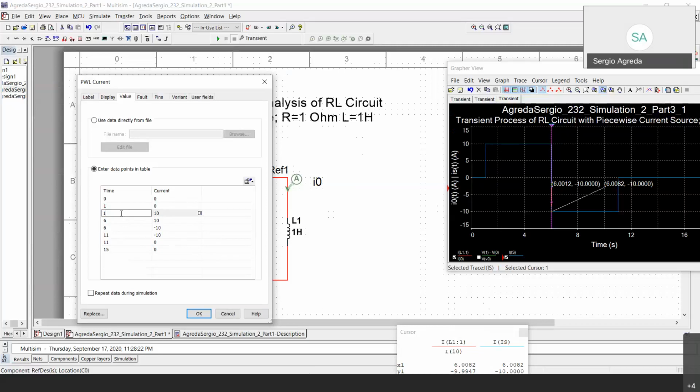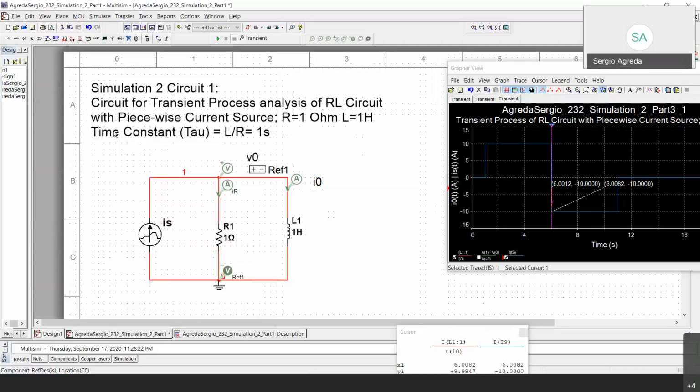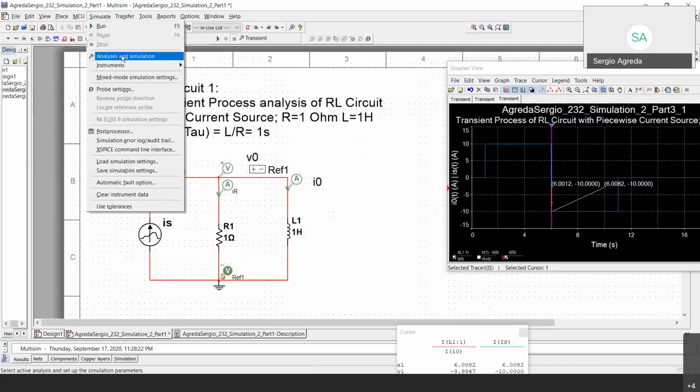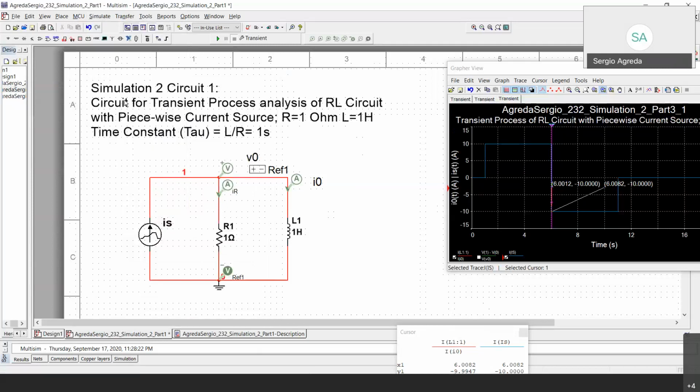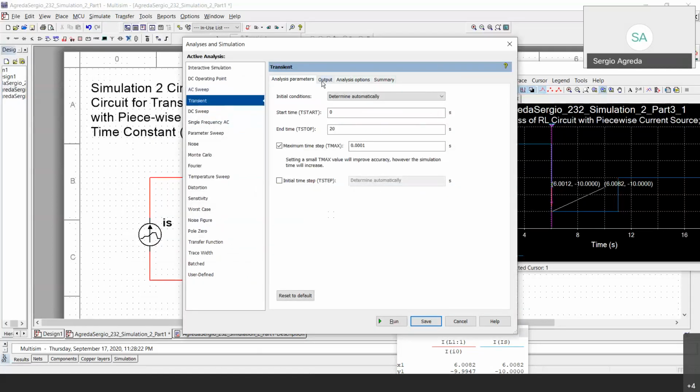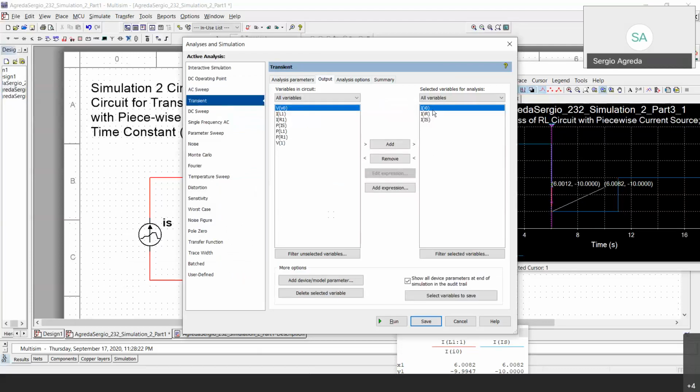So let's say I put this at 2. That's good, yeah. If I keep it like that, and if you have not used simulations yet, I go to transient, my output, I'll choose IS. Leave it like that. Just run.